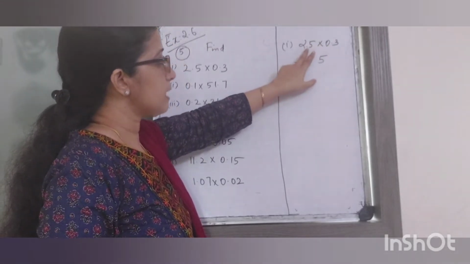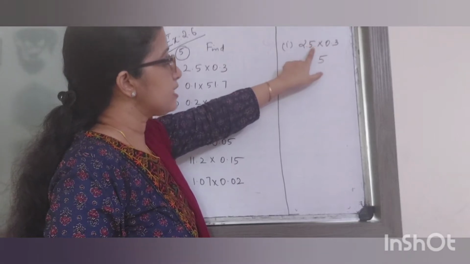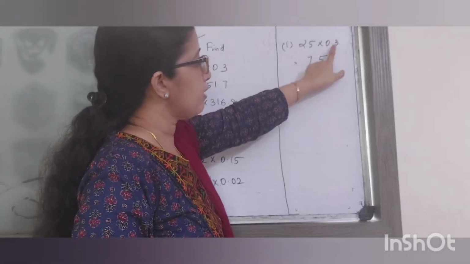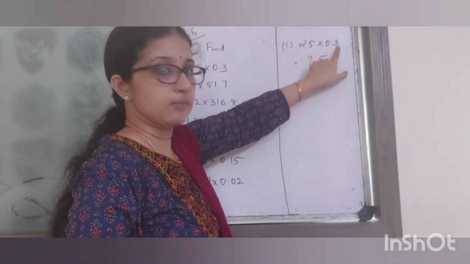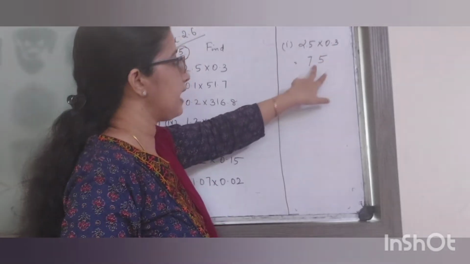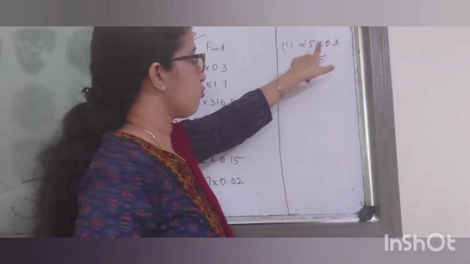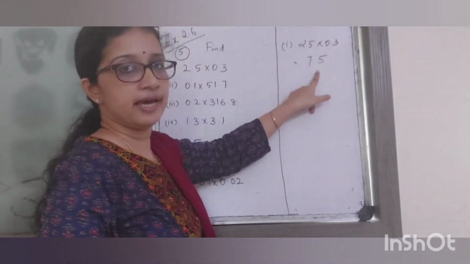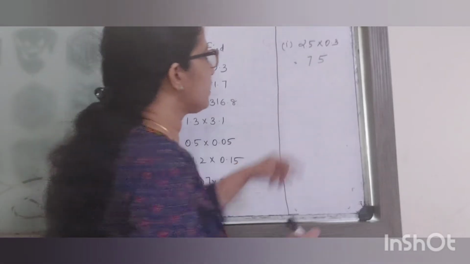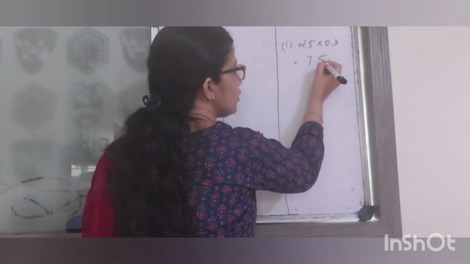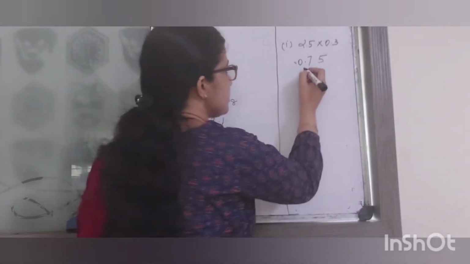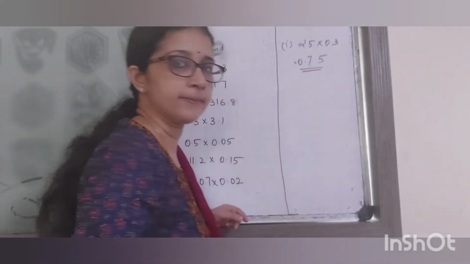In the first number, one digit is there to the right of the decimal point, and in the second number, again one digit is there to the right of the decimal point. So including both, how many digits should be there in the answer? 1 plus 1, 2 digits should be there to the right of the decimal point in the answer. Okay, so how should we write this? We leave 2 digits to the right and put a decimal point here. Okay, so the answer is 0.75.